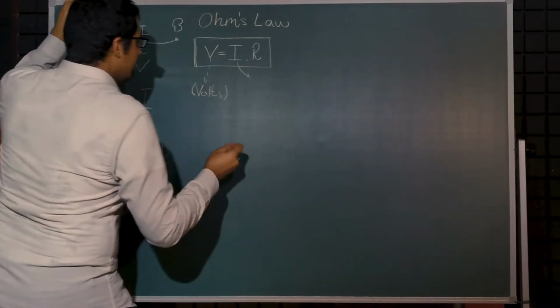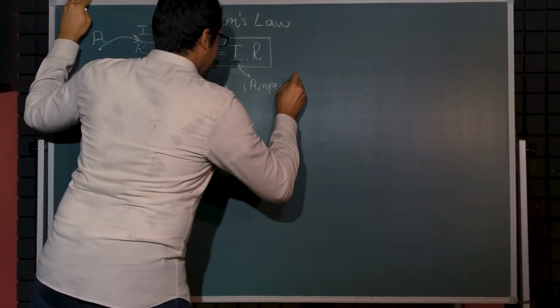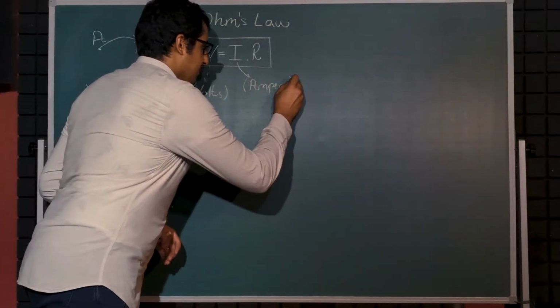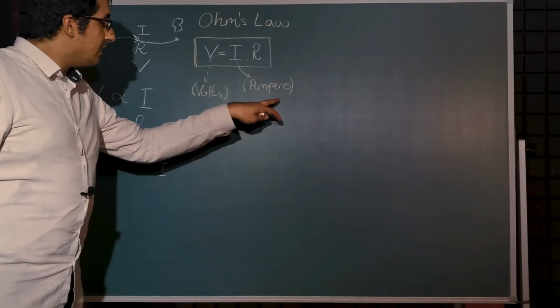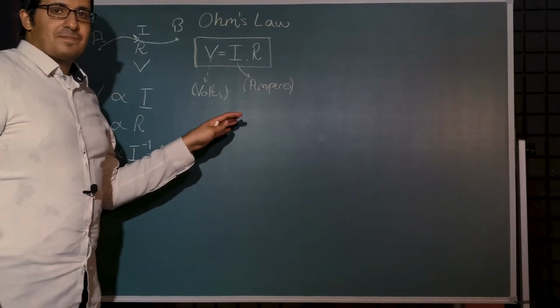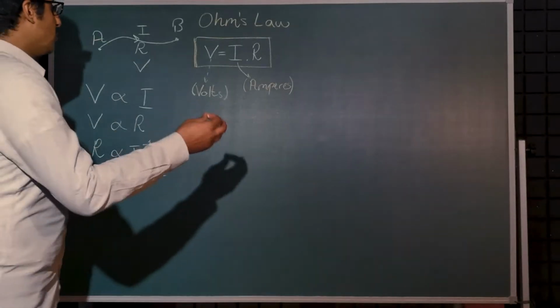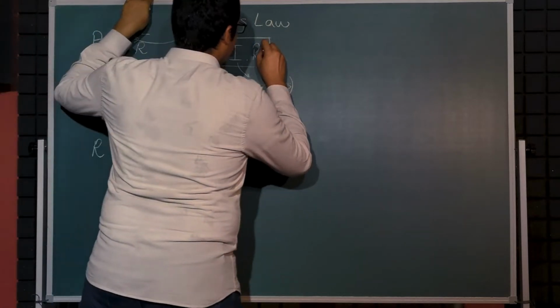And the unit of the current is amperes. It is ampere if it's 1 unit, and amperes if it's more than one, to honor André-Marie Ampère, who discovered the relationship between magnetic field and current flow.